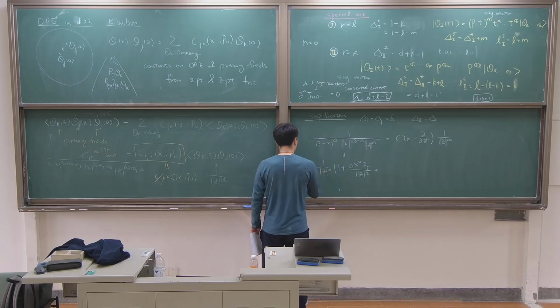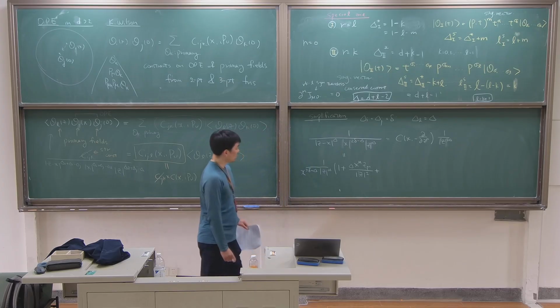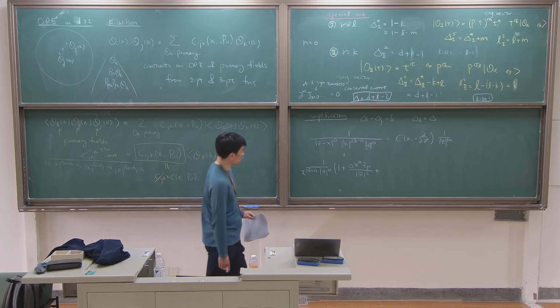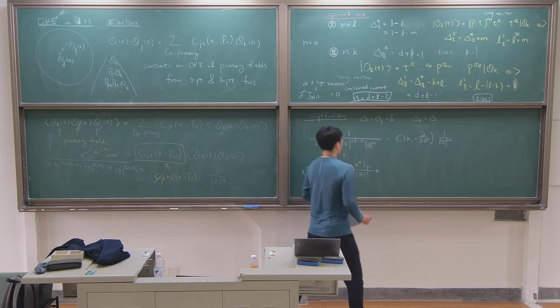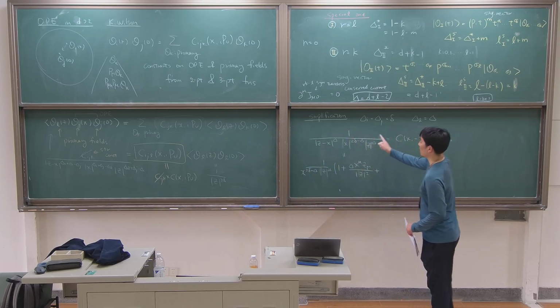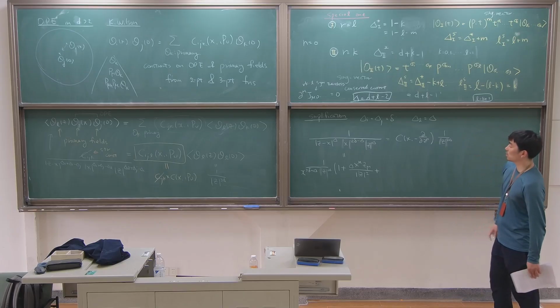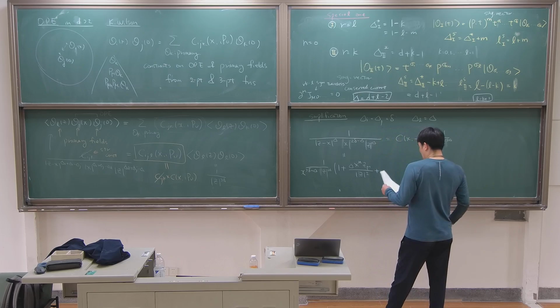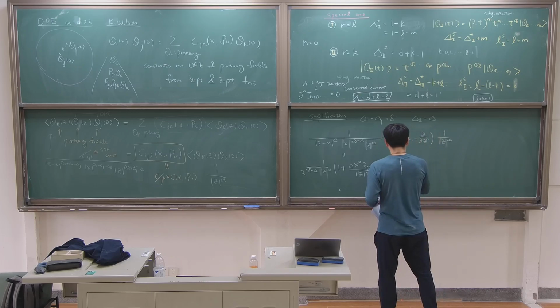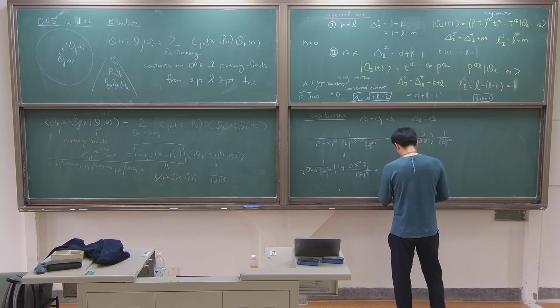So x to the power of capital delta minus small delta, and then z to the power of delta, and you just do the Taylor expansion in terms of this one, and this one is equal to the following thing.